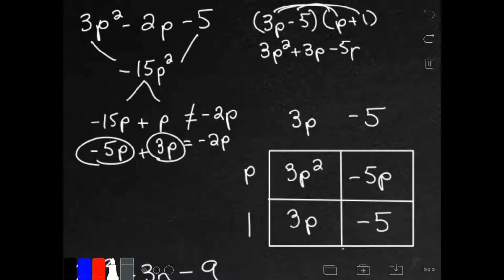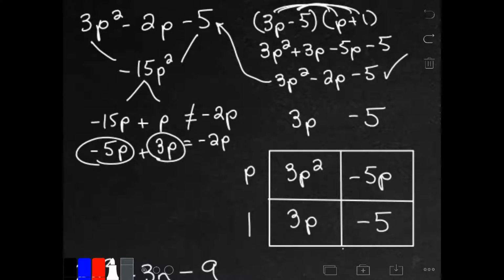Negative 5 times p is negative 5p. And negative 5 times 1 is negative 5. Go ahead and combine like terms. And we get 3p squared minus 2p minus 5. And that matches my original trinomial.